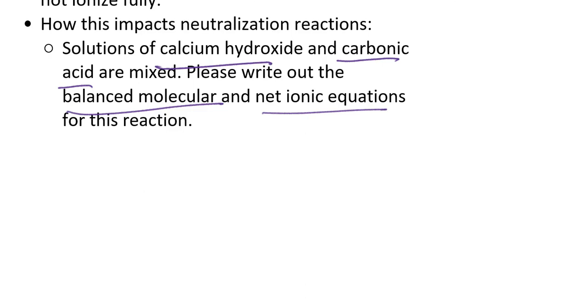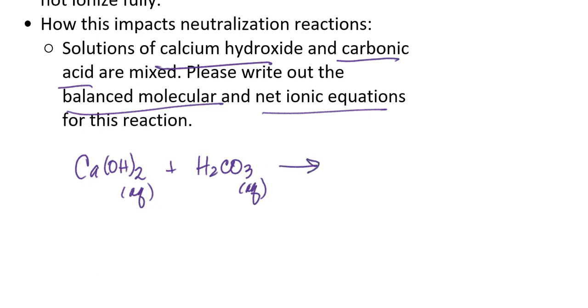So, following the same procedure that I used in the previous slide, I'm going to start piecing together the balanced molecular equation. So that's calcium hydroxide and carbonic acid. And again, there's no mention of either of these being in a specific phase, and so we're left to assume that these are each an aqueous solution.